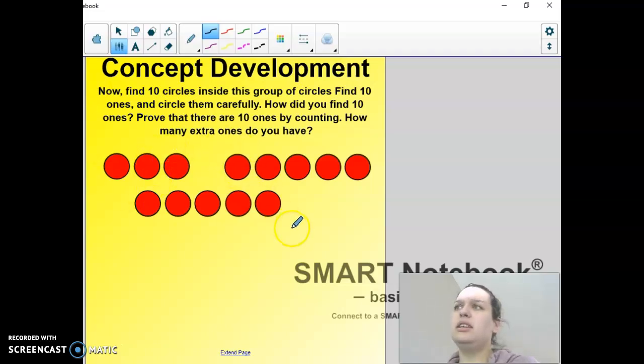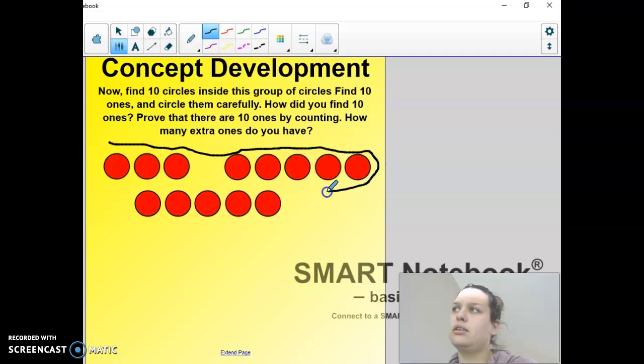So this one doesn't look like a 10 frame at all, does it? No. So we're going to have to count as we circle. 1, 2, 3, 4, 5, 6, 7, 8.